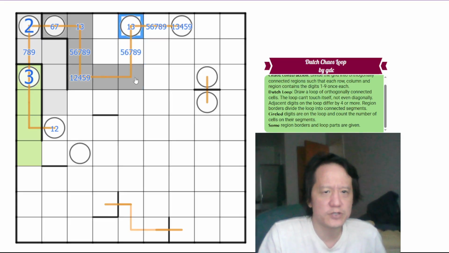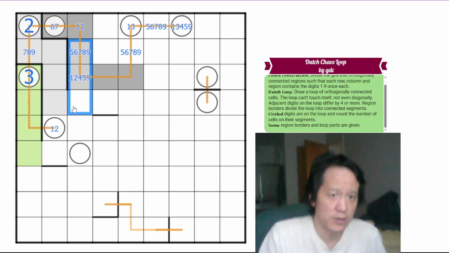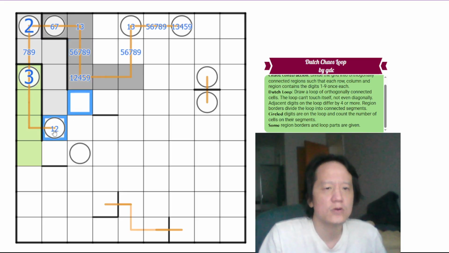This is guaranteed to be 1 or 3. Right? Because it's only this segment. This is 1 or 3 because it's next to 6, 7. And this can only be 6 or 7. Because it would be touching itself if it went that way. Right here.